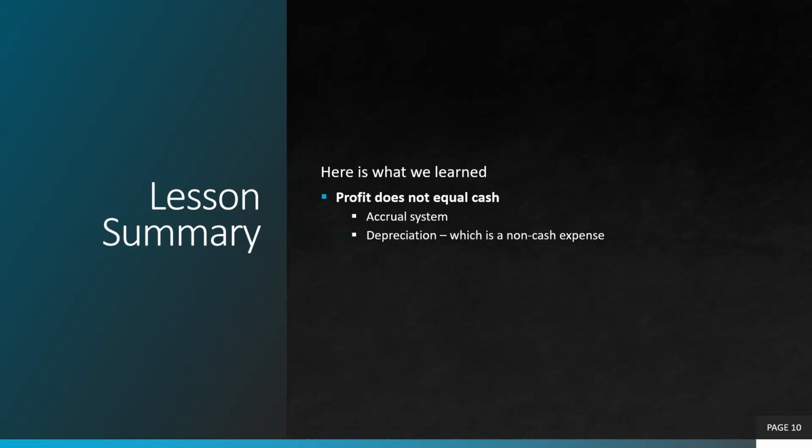Right, so we've got this accrual system in place where we're matching revenue and expenses. We've got depreciation thrown in there, which shows a certain dollar amount for the lifespan, not an actual amount, and even the lifespan in itself is an estimate. So when a company talks about being profitable, it doesn't necessarily mean that they have cash in the bank.